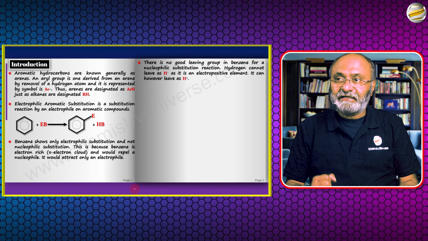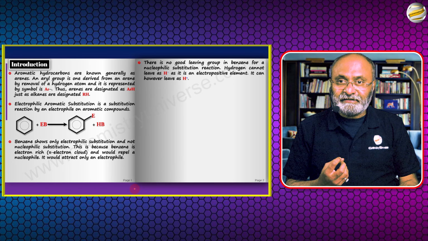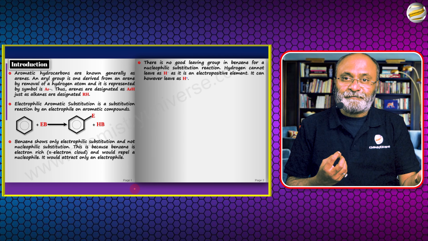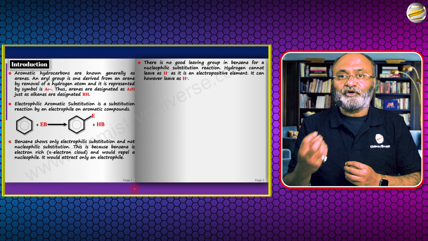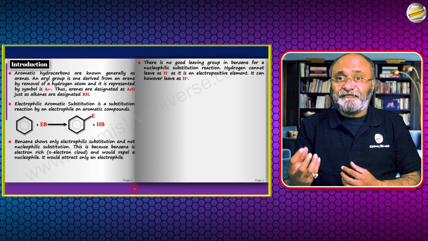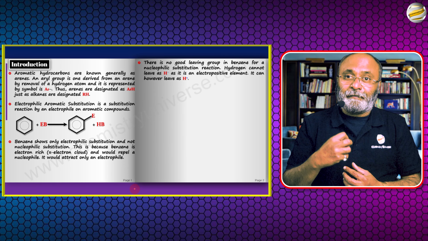The second reason is that if the electrophile comes, there has to be something in benzene that can go as an electrophile, because as I said, substitution implies electrophile coming in, electrophile going out, nucleophile coming in, nucleophile going out. Whenever something comes and something goes, they have to be similar species. So if an electrophile comes, the hydrogen of benzene can go as H+. You know that H+ is easily formed. All acids give H+. So H+ is easy to form because it is an electropositive element.